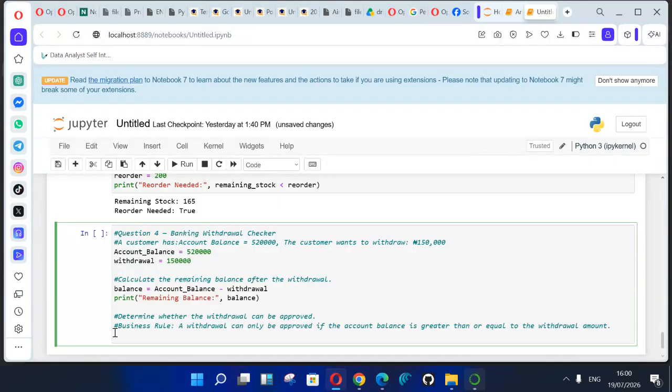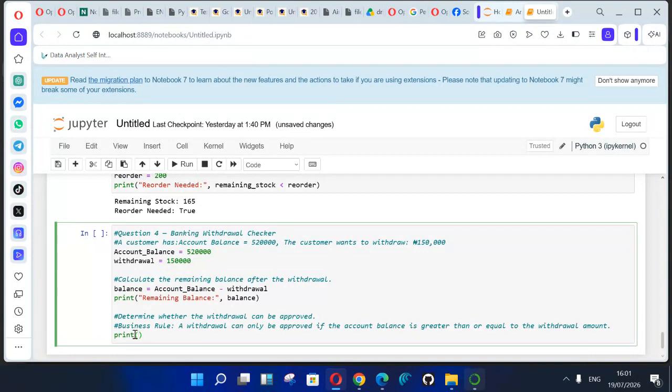So now say account balance. Let's print. We'll say print account balance.